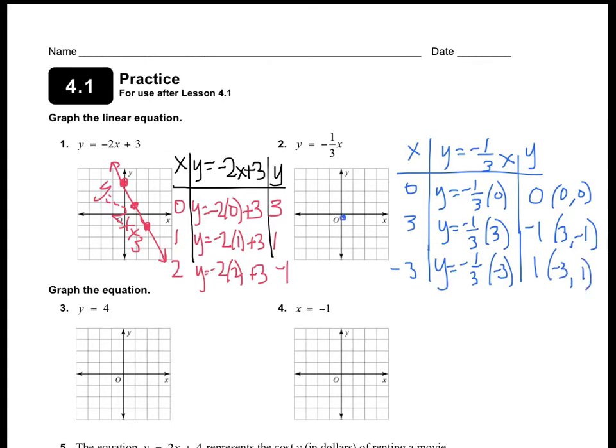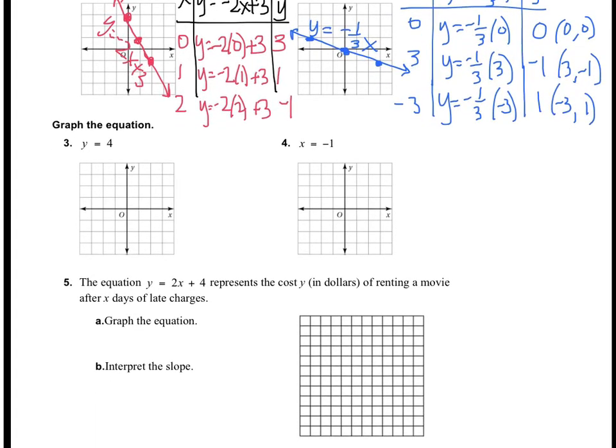So let's plot the points, 0, 0. Oops, that's a little off. 3, negative 1, and negative 3, positive 1. Hopefully you're a little more accurate with your dots than I am. So make the line, make it nice and extended, and put the equation on the line.